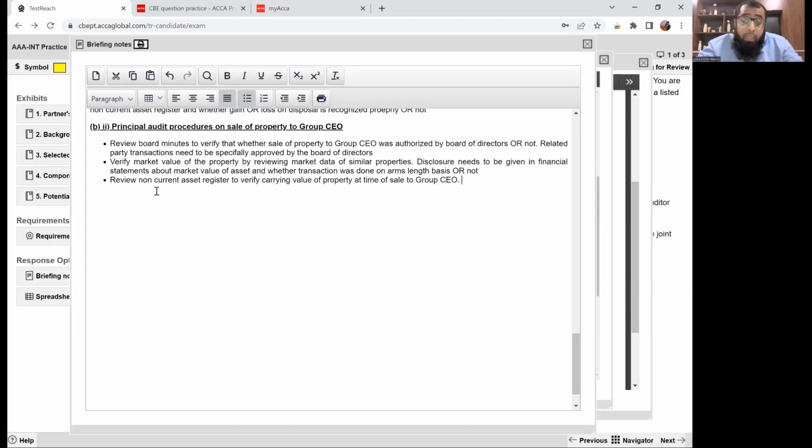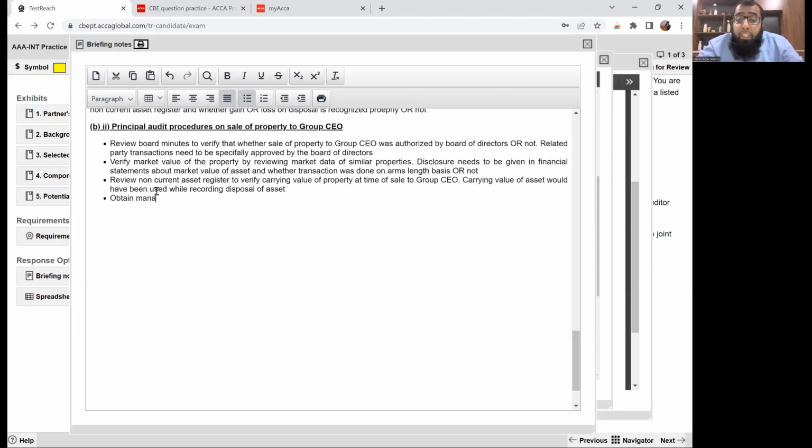Why do we need to verify the carrying value? Just give it a thought. Because it will be used for calculation of the gain or loss, and this carrying value will be used while recording the disposal of the asset. What else can we do?